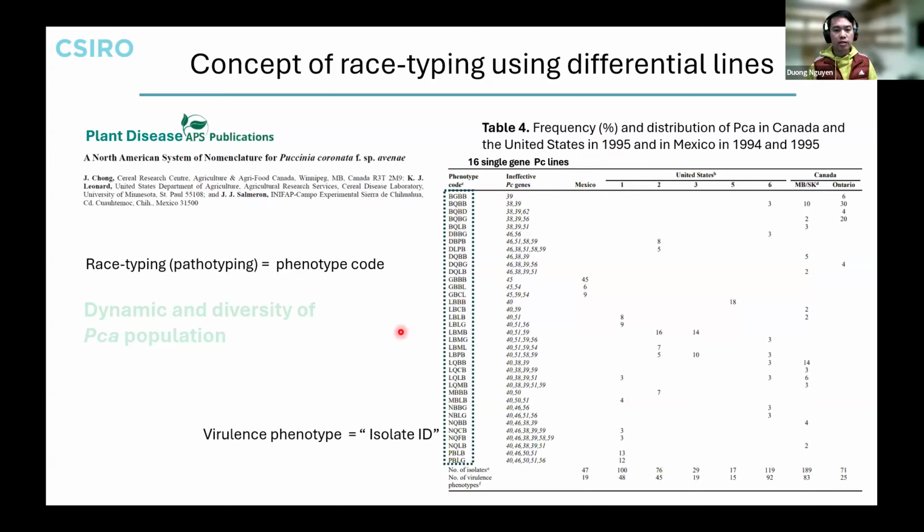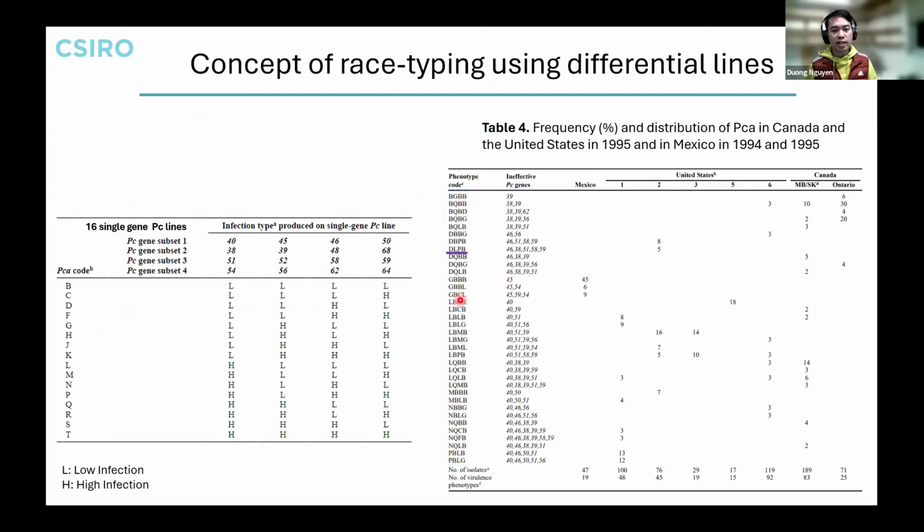I just want to give you an example of how he assigned the ID to each isolate in his study. Here's an isolate named DLPB. How did he assign the code to that isolate? Each letter in the isolate name is equal to the virulence profile of each Pc gene subset.